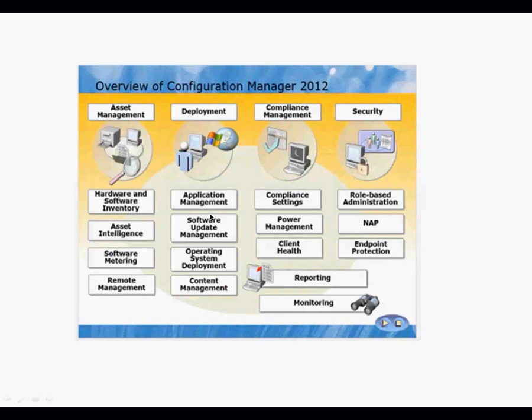Then you have software update management. What is a software update? Your operating system needs updates to be free from vulnerability. Microsoft releases updates on every second Tuesday of each month. Is it the patch you are talking about? Patch, yes. Patches, yeah.